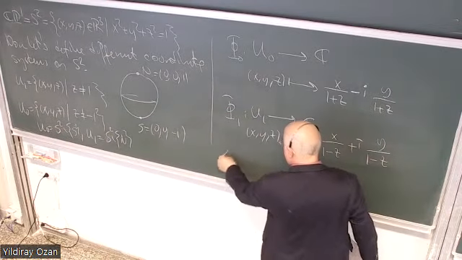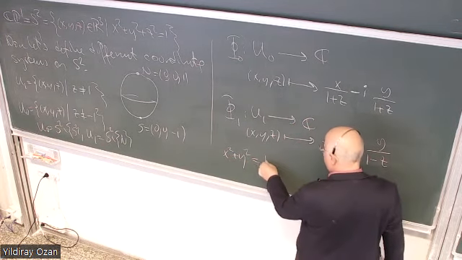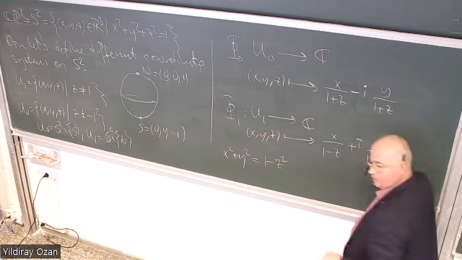You see, we are on the unit sphere, right? X squared plus Y squared is 1 minus Z squared, right?